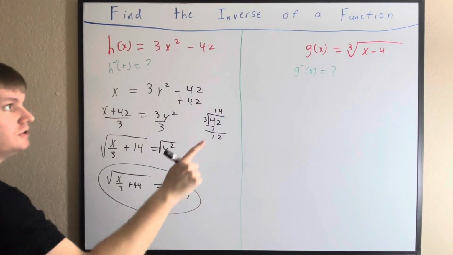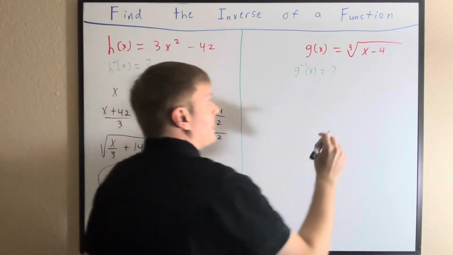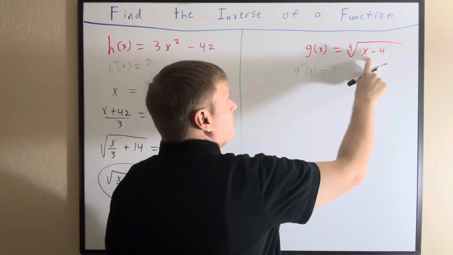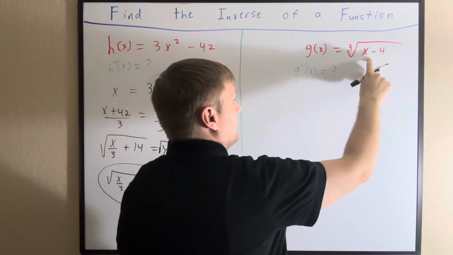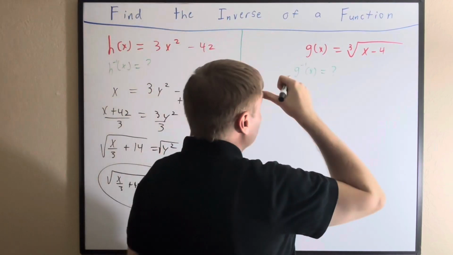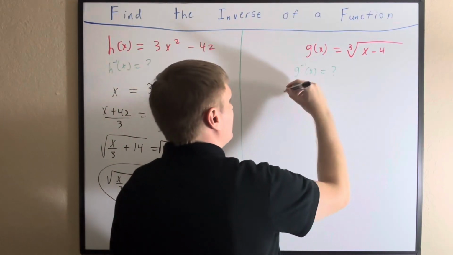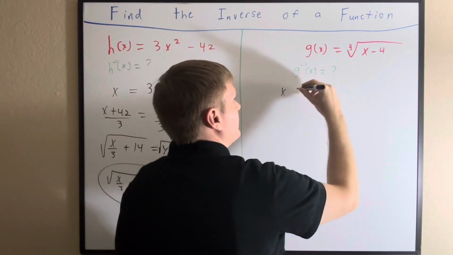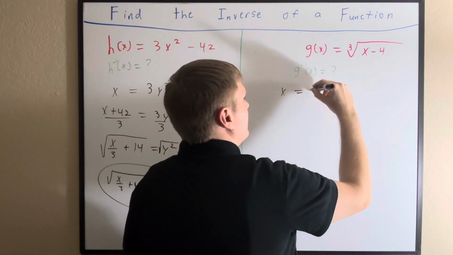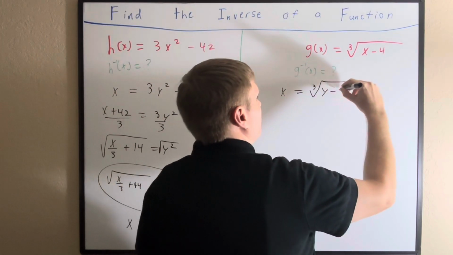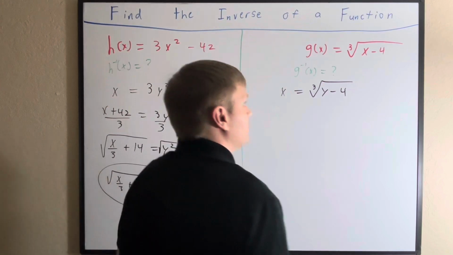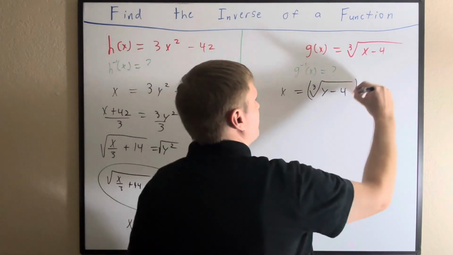All right, let's do g of x. Cube root of the quantity x minus 4. Well, let's change g of x to x. Cube root of y minus 4. All right, how do we get rid of that cube root?